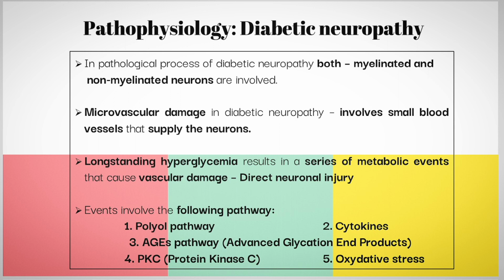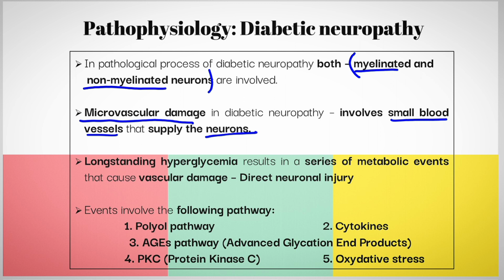This pathological process can involve both kinds of neurons, myelinated as well as non-myelinated. In diabetic neuropathy, there is microvascular damage which involves the small blood vessels which supply the neurons.